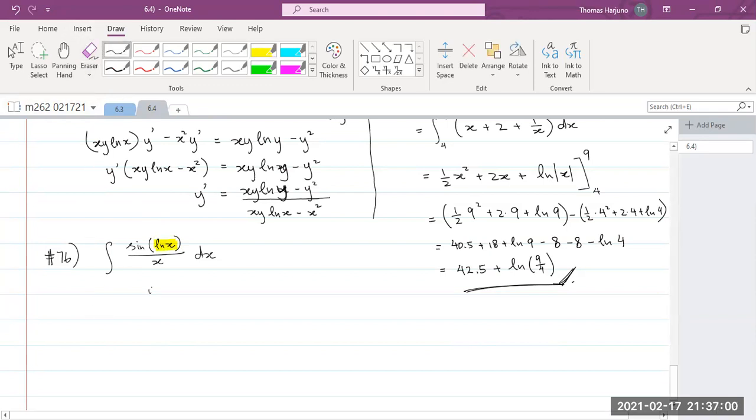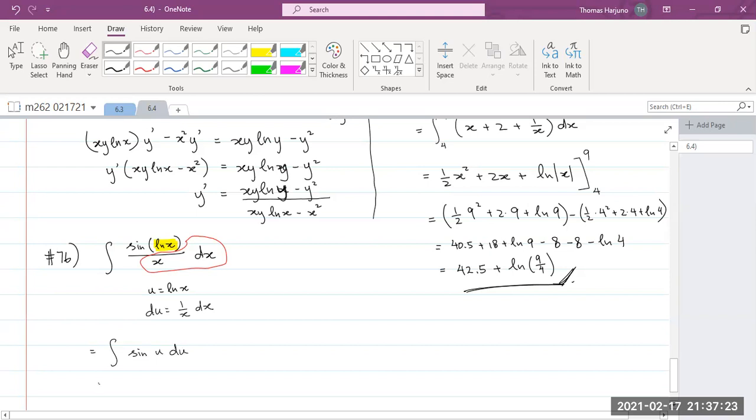Okay, so let u equal ln x. So du will be 1 over x dx. But 1 over x dx is basically this expression here, right? That's our du. So this becomes the integral of sine u du.